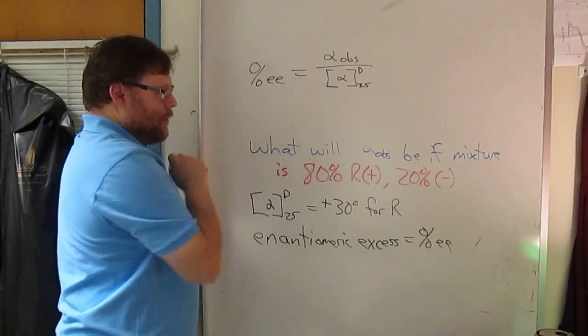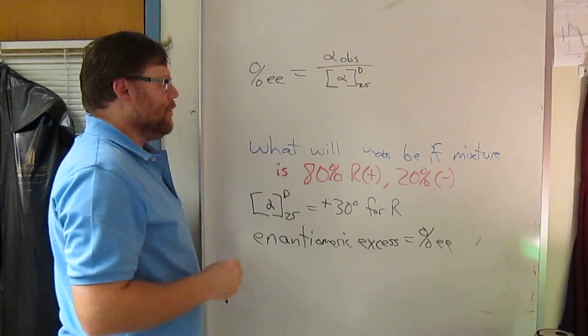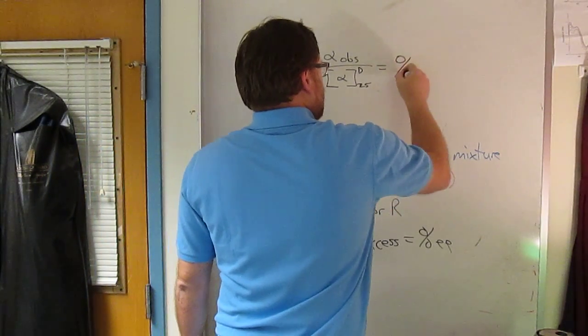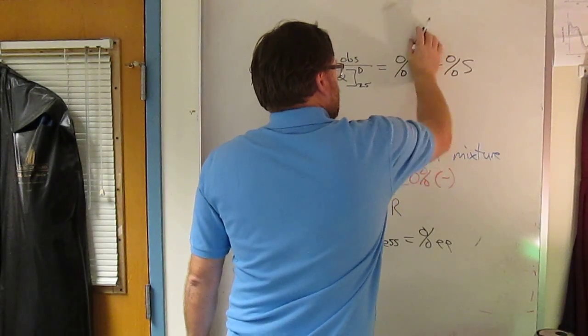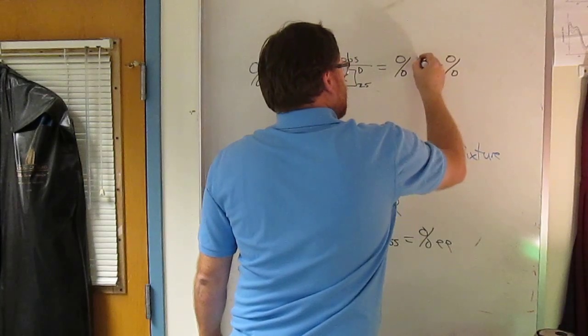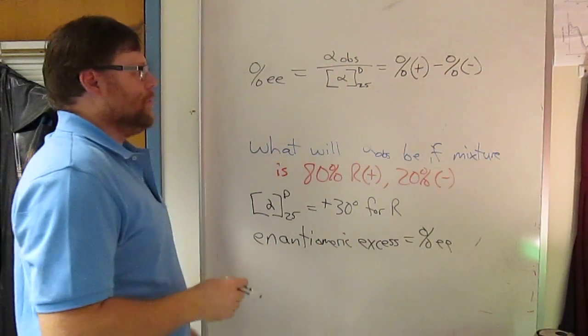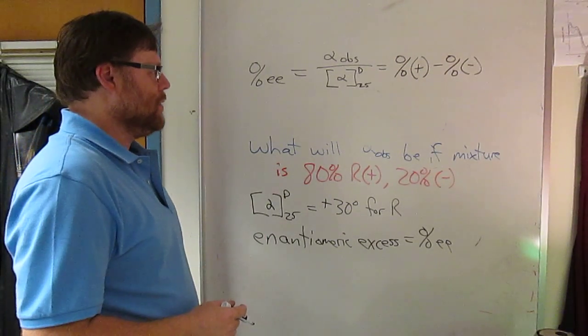So the observed rotation would equal the specific rotation. If it was 100% R, we would observe a plus 30 degree rotation. This is also equal to the percent of the plus enantiomer in the mixture minus the percent of the minus enantiomer.